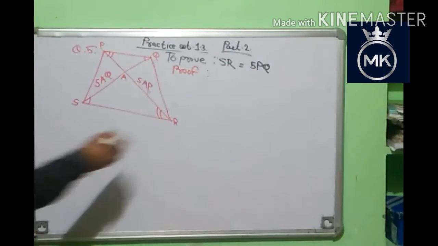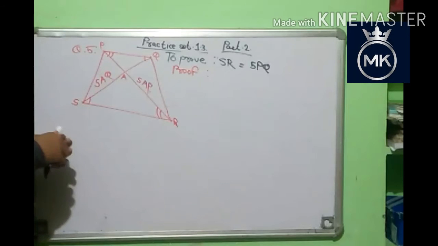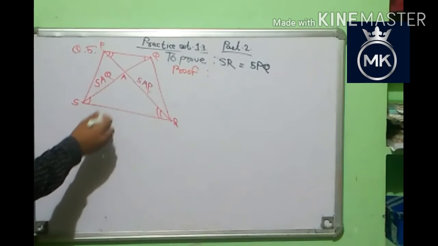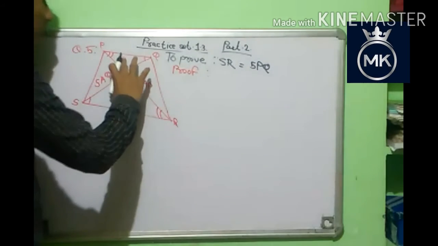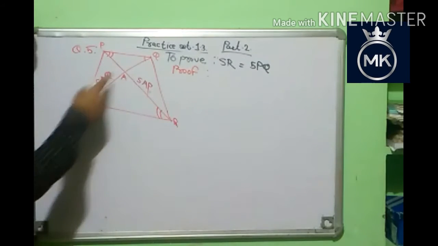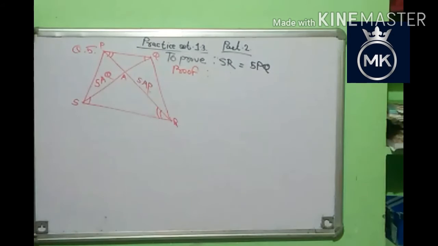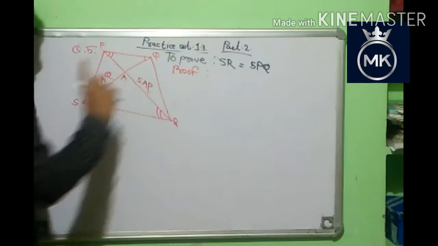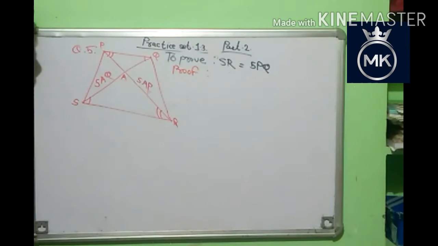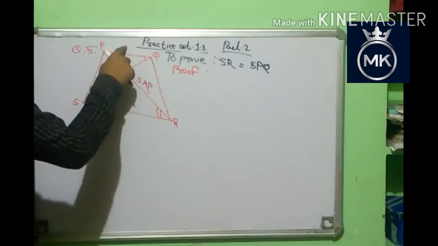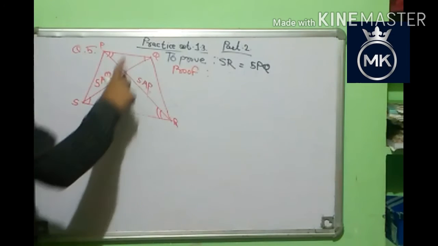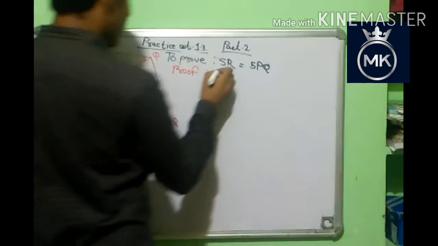So friends, in the second step we prove the similarity of both triangles SAR and QAP for finding the value of SR, because SR and PQ are included in these triangles.